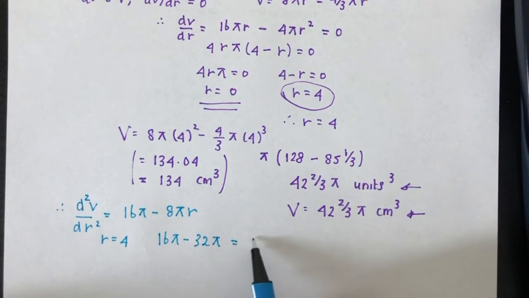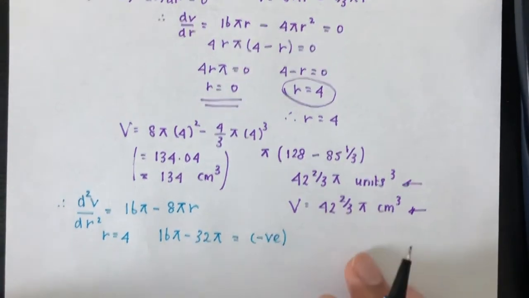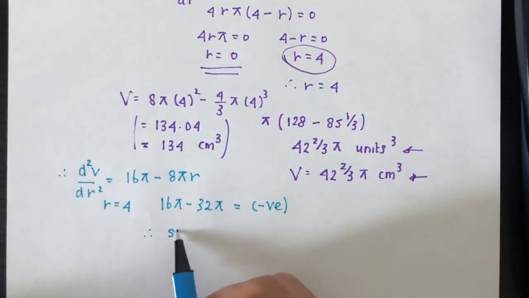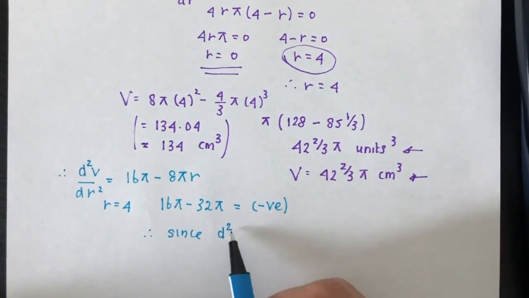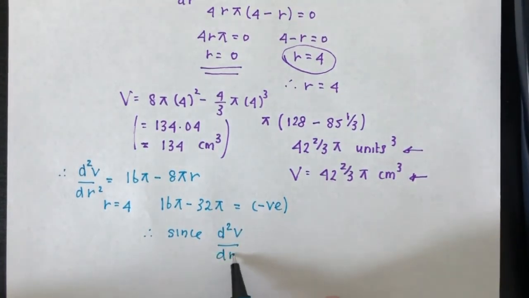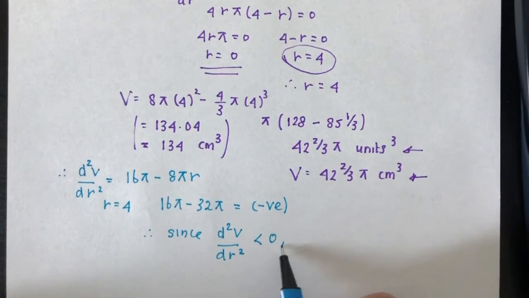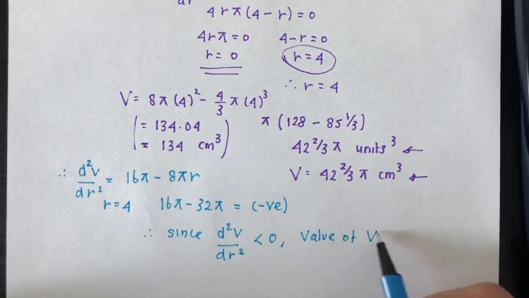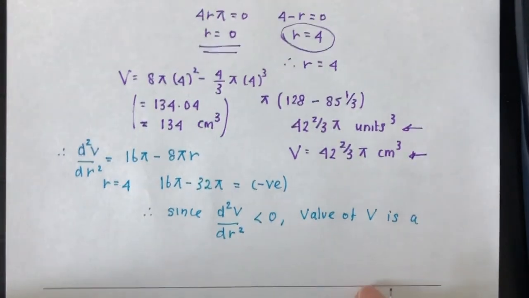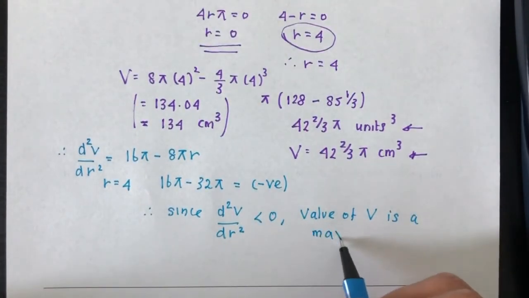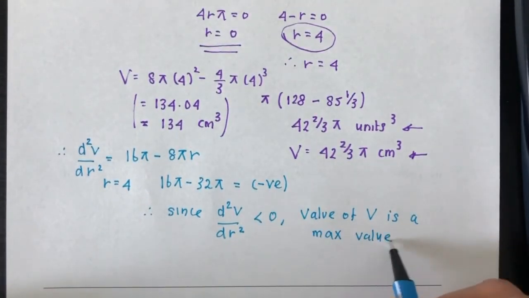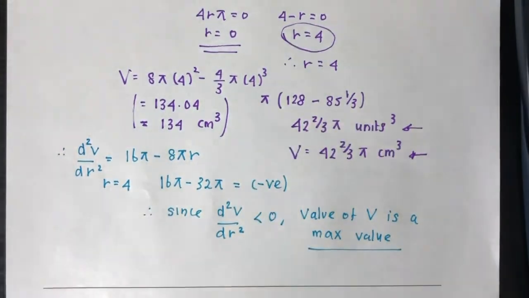That will give you a negative value. So you would say, since d2v by dr2 is less than 0, the value of v is a maximum value. That will be the nature of the value. And that will be your question number 7.